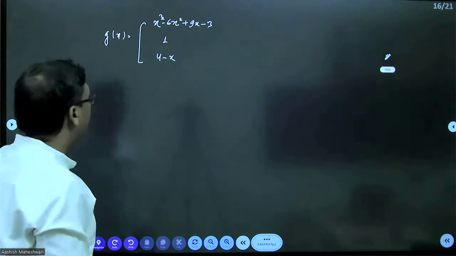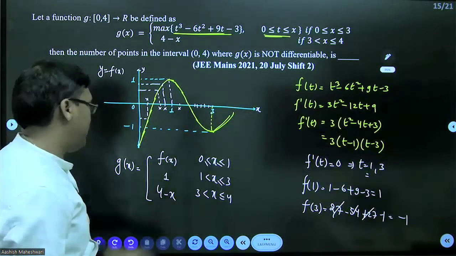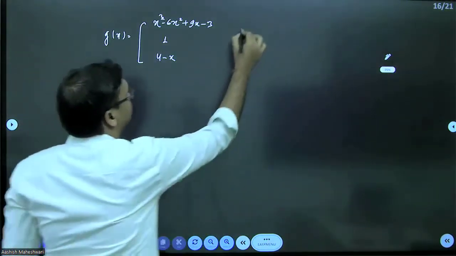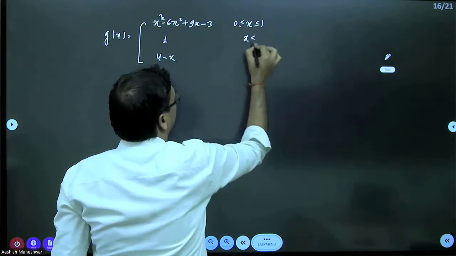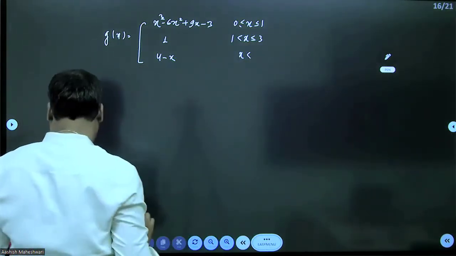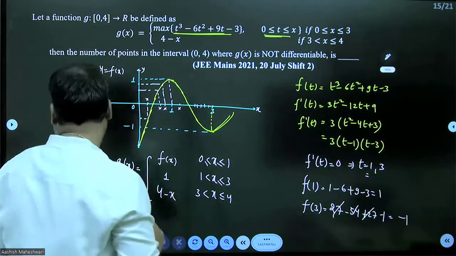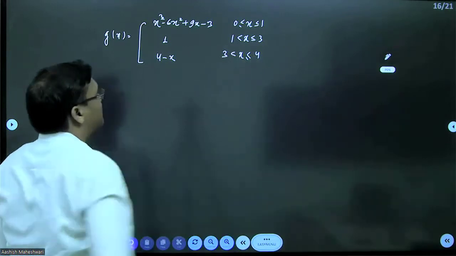We have defined this f(x). Depending upon x between 0 and 1, x between 1 and 3, and x between 3 and 4. So this is the expression we have.